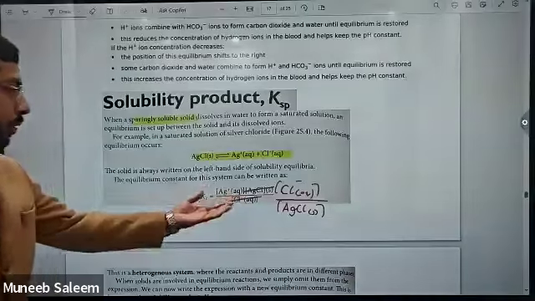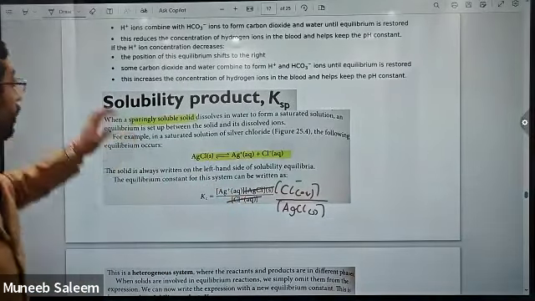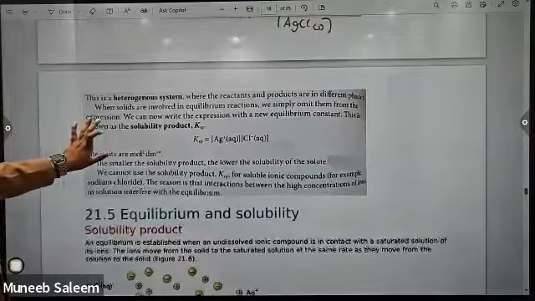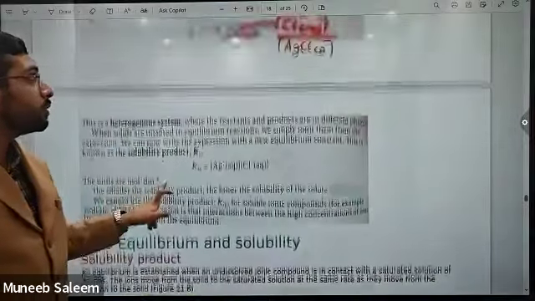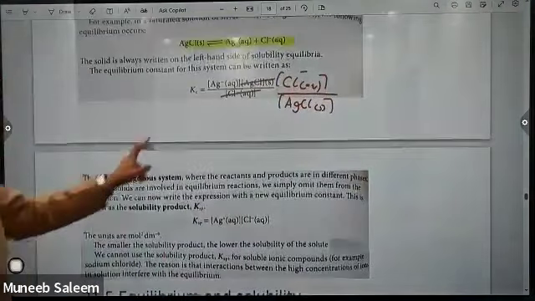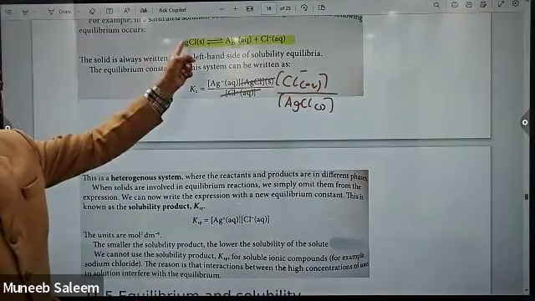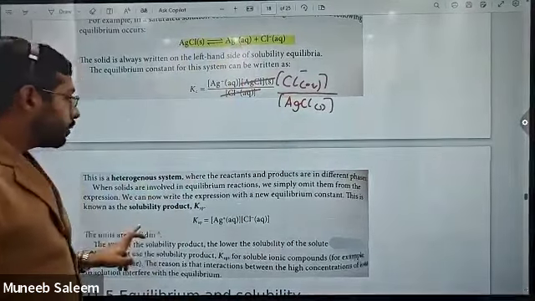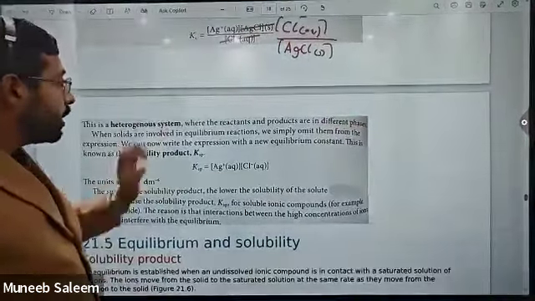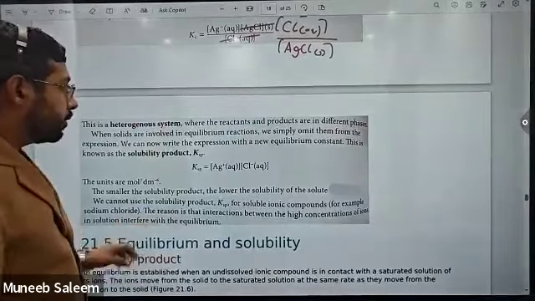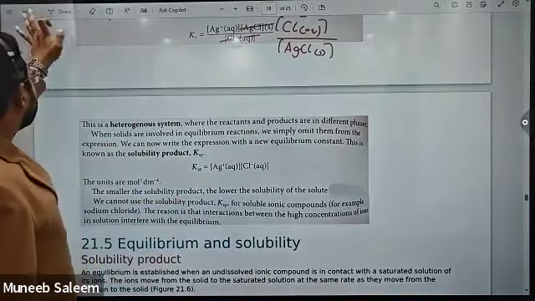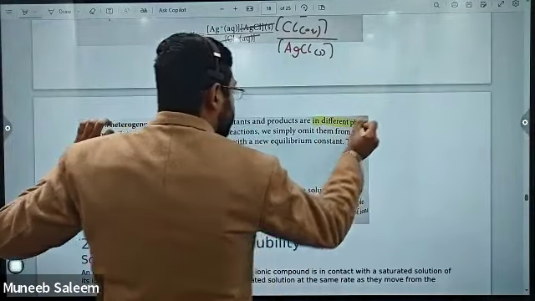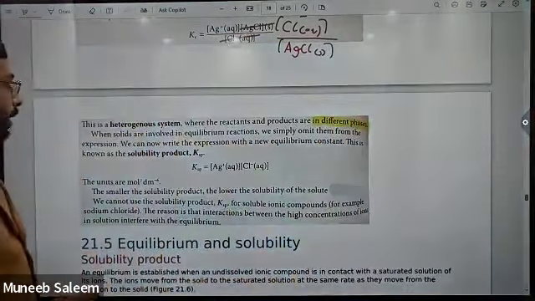So this is the right formula of the equilibrium expression. This kind of expression is heterogeneous, as you can see that the reactant is in the solid form, whereas the products are in the aqueous form. That's why we say that they are in two different physical states or different phases.